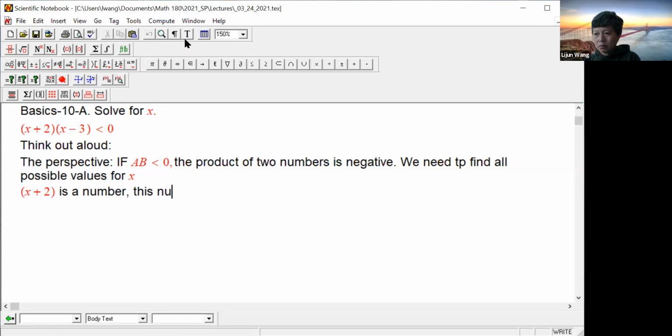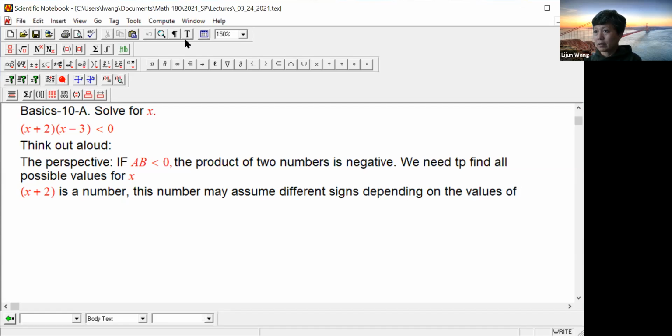This number may assume different signs depending on the values of x. Do you agree with me?